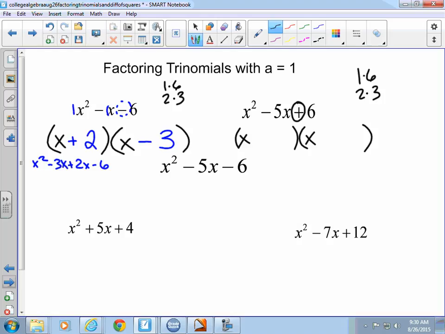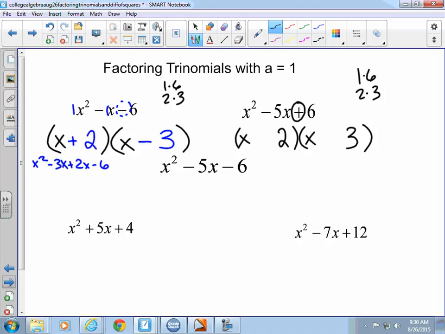It is. So they will have to be the same sign. But same sign feels like addition. So I'm going to add them together. We know they have to be the same sign, right?